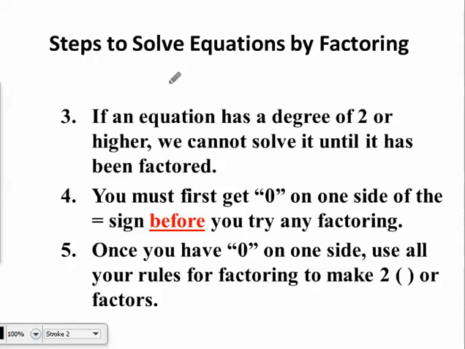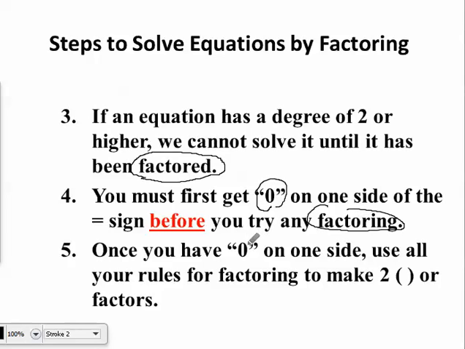That technique involves factoring. It has to be completely factored. Okay? You must get everything on one side of the equation before you can try any factoring at all. Okay? You must get a 0 on one side. You must then factor it. Okay?